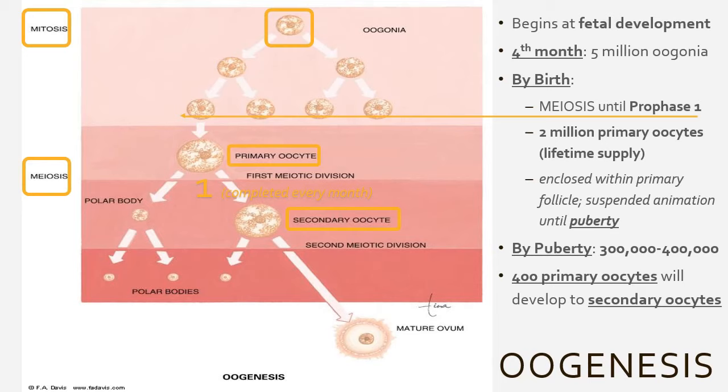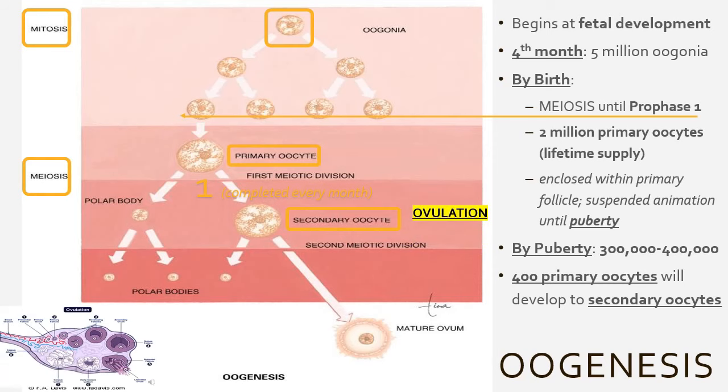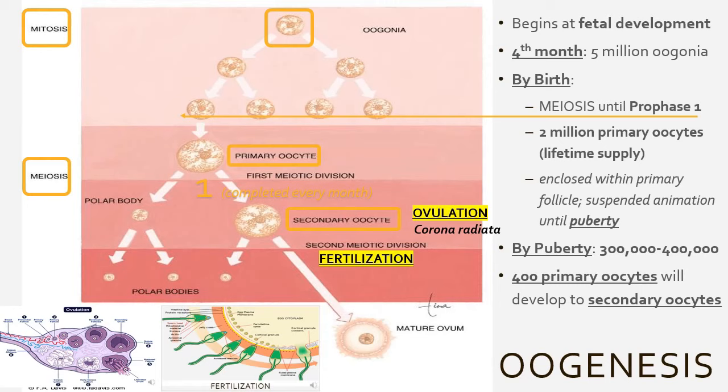This will then give rise to the secondary oocytes that will eventually be released from the ovaries through a process called ovulation. The ovulated secondary oocyte is still surrounded by a follicle cell capsule called the corona radiata. This will be penetrated by the sperm during fertilization. Only then will meiosis II complete, achieving the full maturation of the ovum.